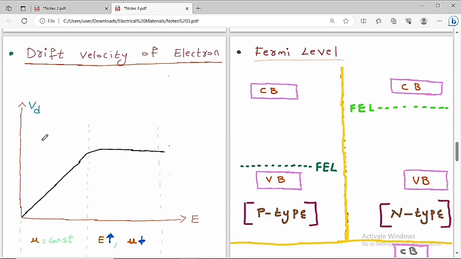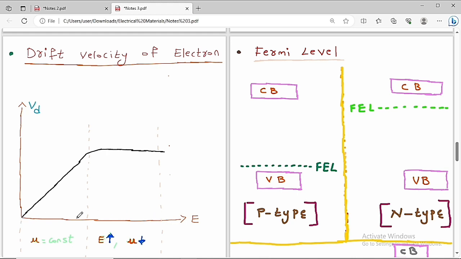So now, let me try to explain another case, which is the drift velocity of the electron. Okay, so this is the graph between the drift velocity and the electric field. You can see clearly this is the drift velocity of the electron and this is the electric field. So the graph is going to look like this.